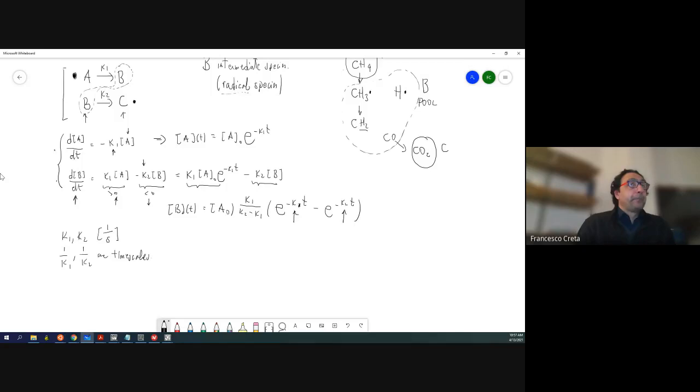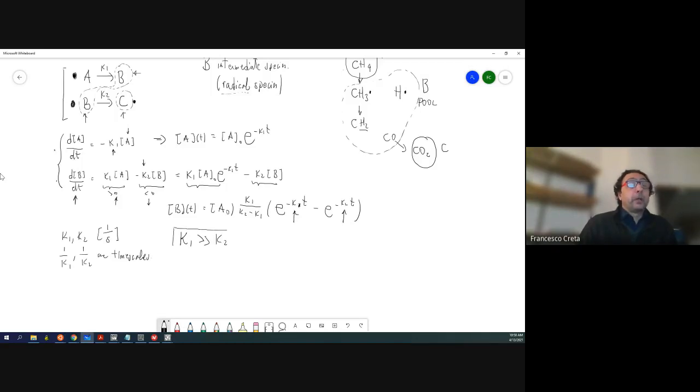So very, very fast, we're going to have the production of a pool of radicals B, which then, according to the second reaction, more slowly will oxidize to form your final product, C. So in fact, a typical scenario is that K1 is always much larger than K2.